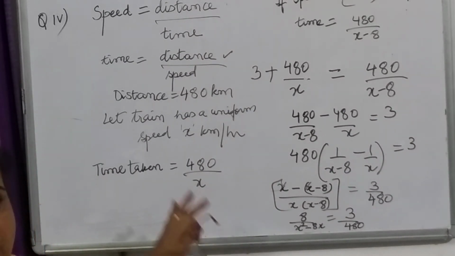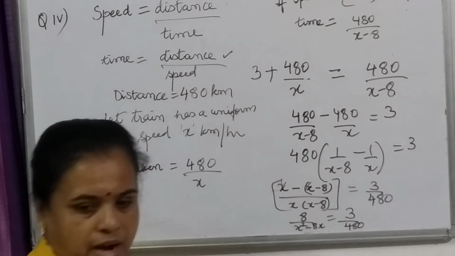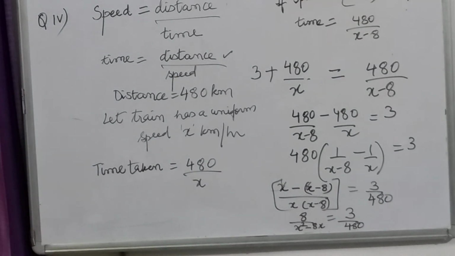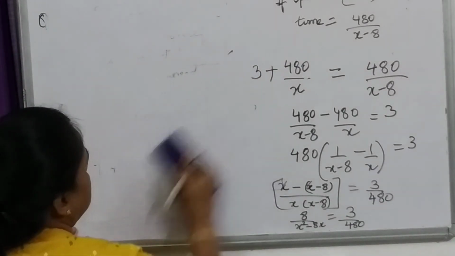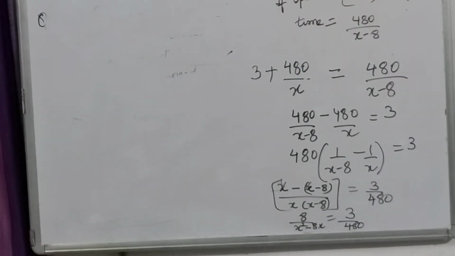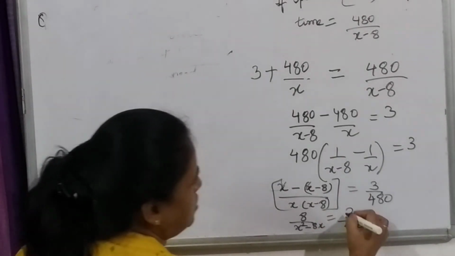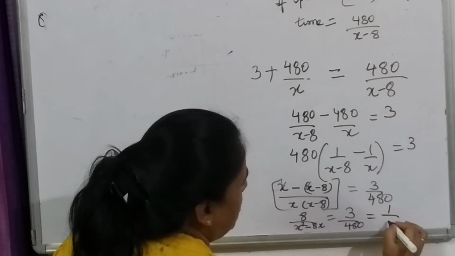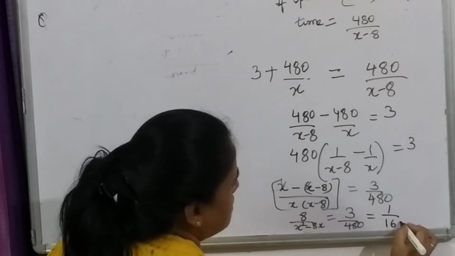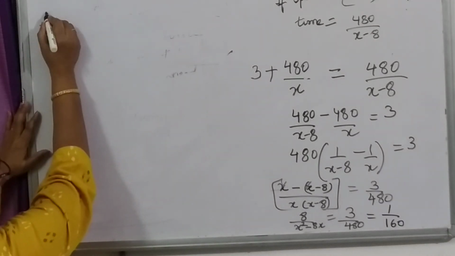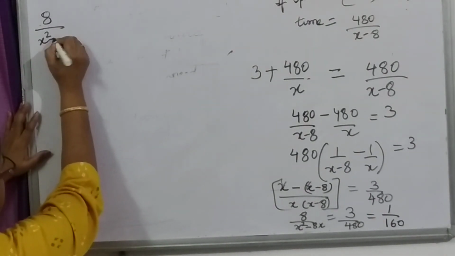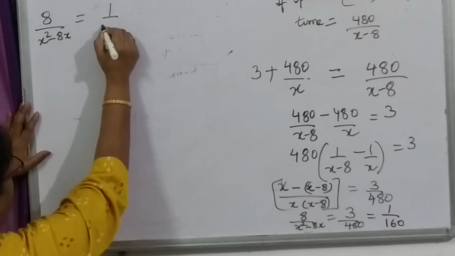Now solve this. I can always cancel this also. This is equal to 1 upon 160, right? I'm getting this as 1 upon 160. Now let us solve this. So I'm getting my final thing as 8 upon x square minus 8x is equal to 1 upon 160.